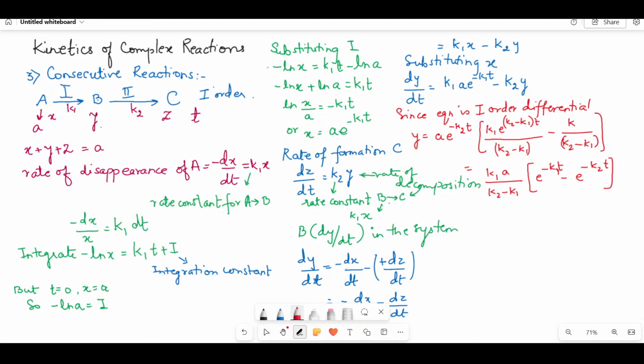But if we come over here, we see that z is equal to a minus x minus y. So let us use this.